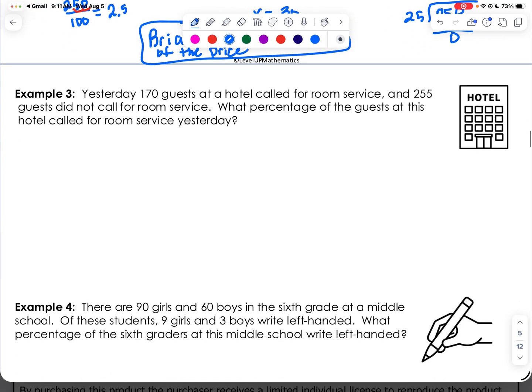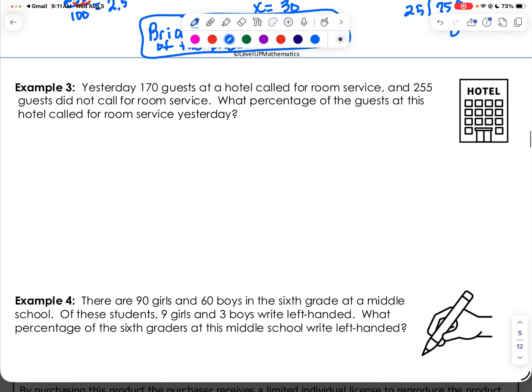All right. Example 3. Yesterday, 170 guests at a hotel called for room service, and 255 guests did not call for room service. What percentage of the guests at this hotel called for room service yesterday? So we're going to identify our percent, our part, and our whole.